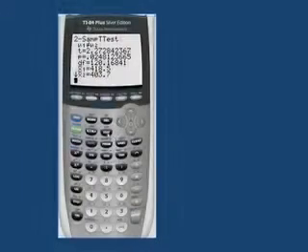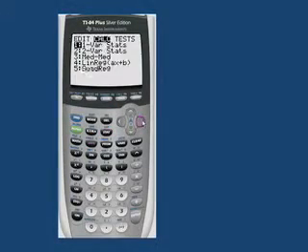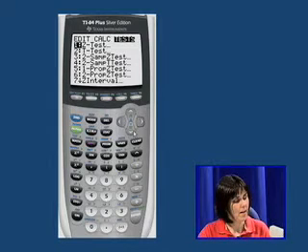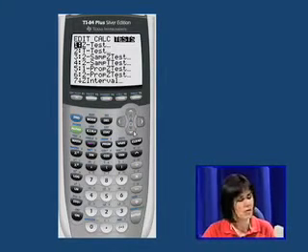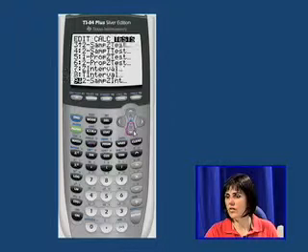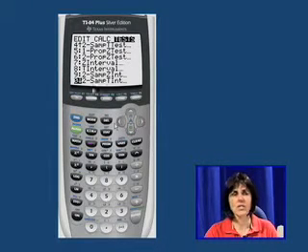I will go to Stat and Tests. Now, instead of picking anything else, I will go to 2-sample T interval. These are the test ones, Z interval, T interval. Here we go, 2-sample T interval. You pick that one.